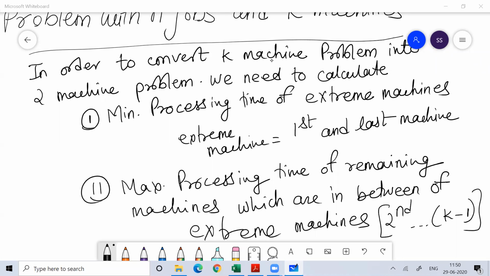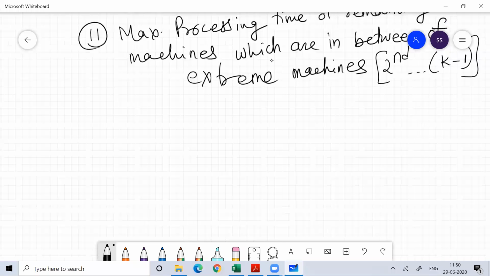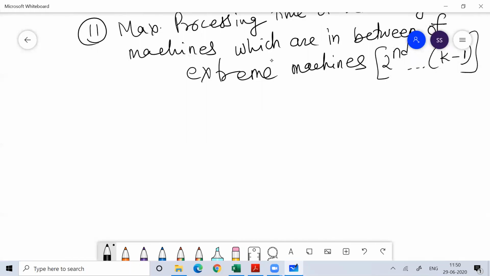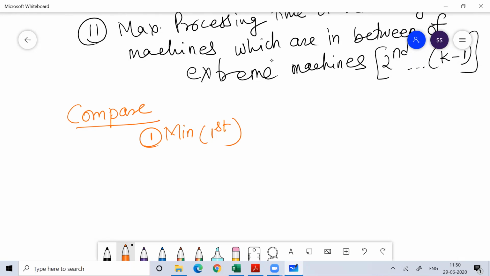Once you're done with this, you'll make a comparison. You will compare the minimum processing time on the first machine, and that should be greater than or equal to the maximum processing time of the remaining machines except the last machine, because for the last machine you are finding the minimum processing time.